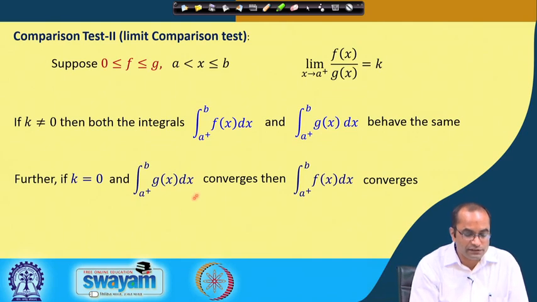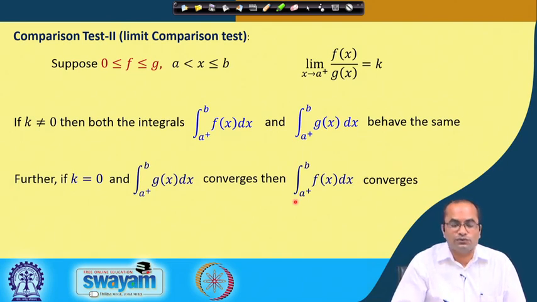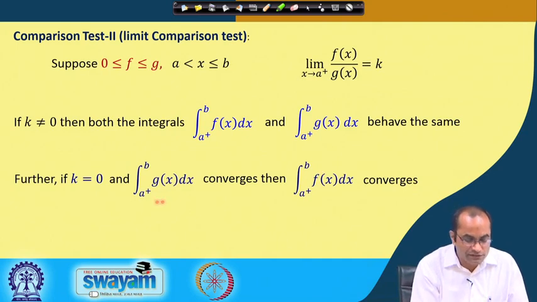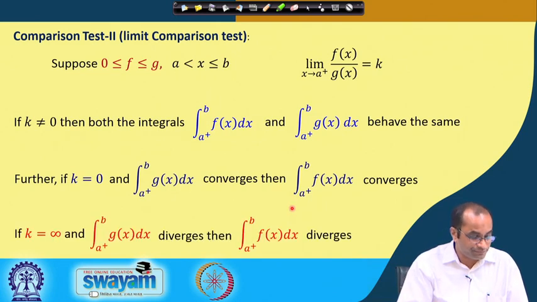So, if the integral of g converges in this case, then we can tell that the integral of f will also converge because of this limit here. g will be growing faster, and that is the reason we are getting this 0, and in that case if the g integral converges, the f integral will also converge. Without the proof, just by intuition, we can feel that these results hold.